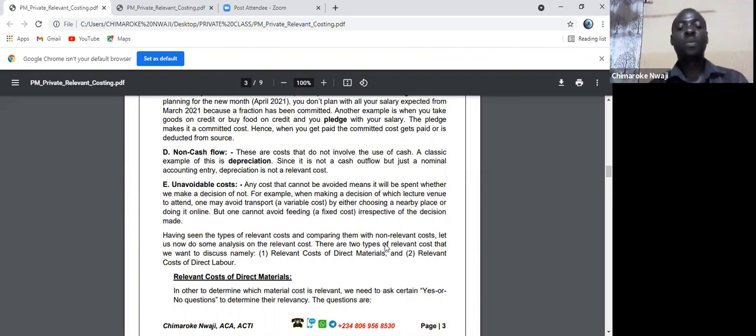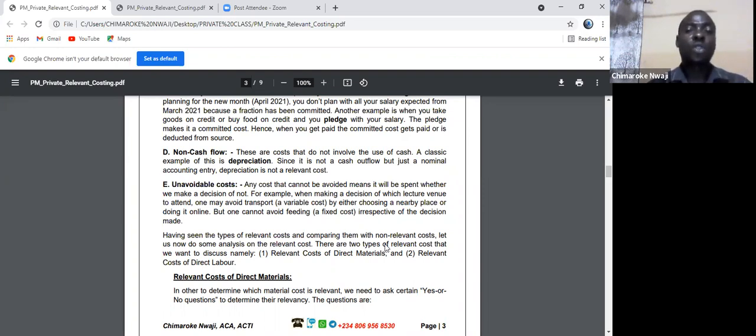Take, for example, you want to attend a lecture center or a lecture venue. You may decide to think, oh, let me attend the one that is closer to me. So you attended the one near your house. And the reason for that is you want to avoid spending too much on transportation. Now that is a variable cost.